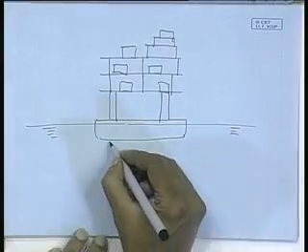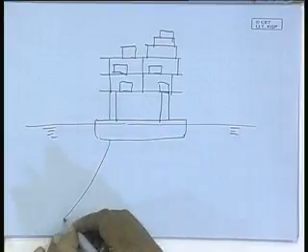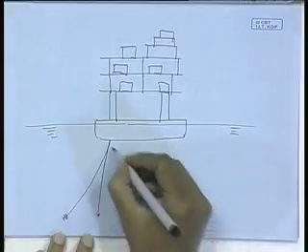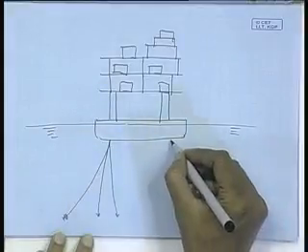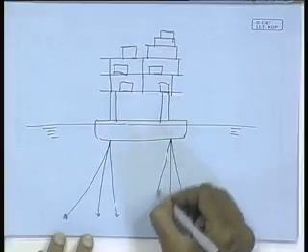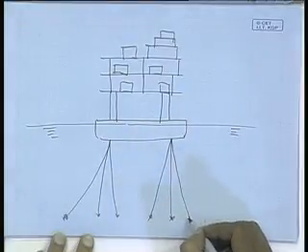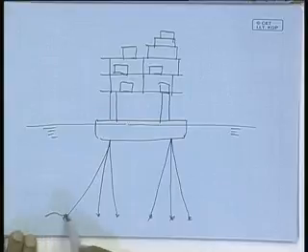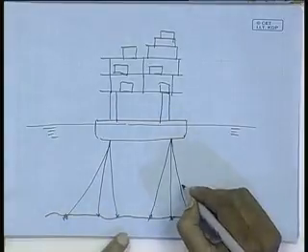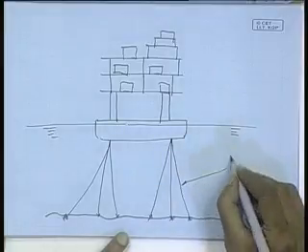That means it has a mechanism of connecting to the seabed. Suppose I am just schematically drawing three tension legs. This is my sea bottom, right? These are the tendons, they are referred to as tendons.